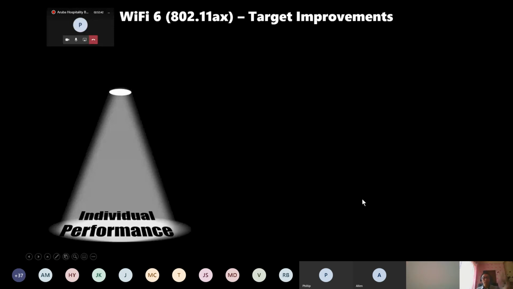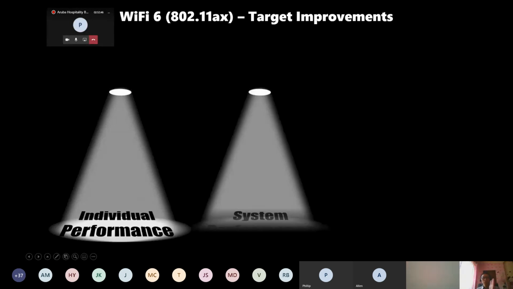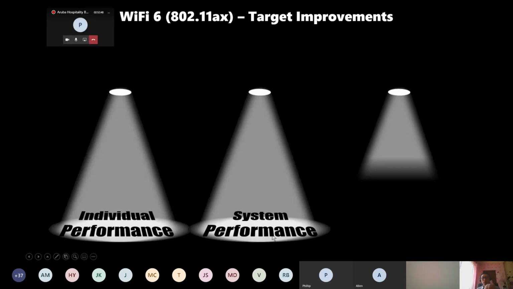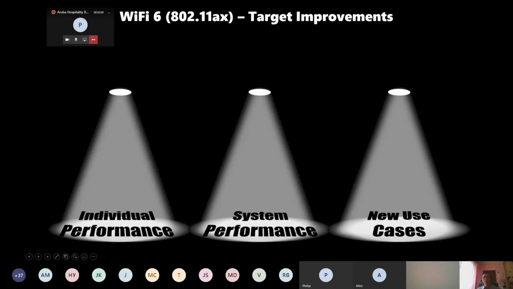Wi-Fi 6 is targeting to improve individual performance as well as system performance, and try to create new use cases. With individual performance, Wi-Fi 6 aims to look at increasing the data rates. So this is performance related in terms of speeds and feeds, and also battery life.